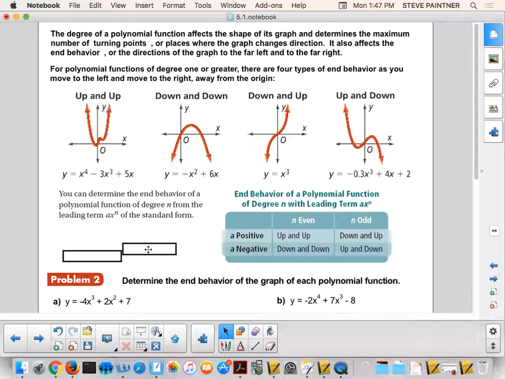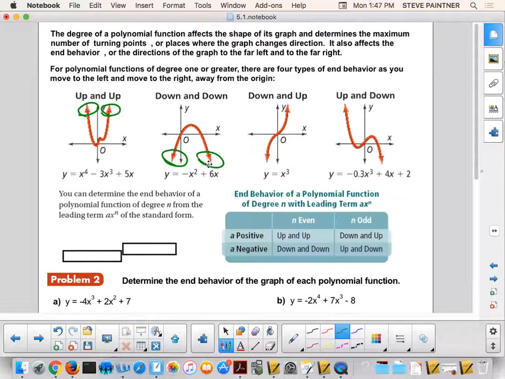It's right here. You could go up, up, or down, down. This one is down on the left, up on the right, or up on the left, down on the right. How are you going to know what your polynomial does? Read this right here. You can determine the end behavior of a polynomial function of degree n from the leading term.